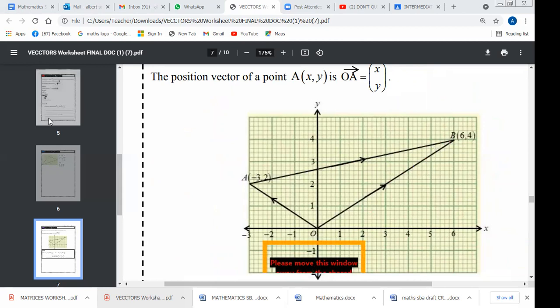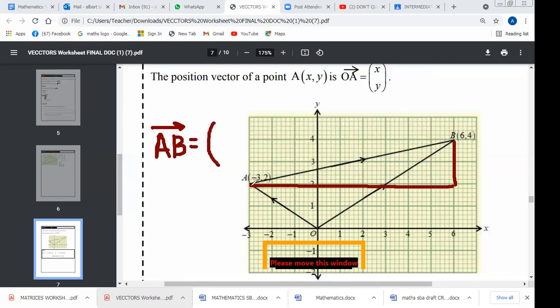Another way of getting A to B is actually to measure it on the graph. So basically, what we do is we just construct a right angle triangle from A to B. If I want A to B, I don't have to do the vector equation nor the matrix business. I can just take my graph and measure it.